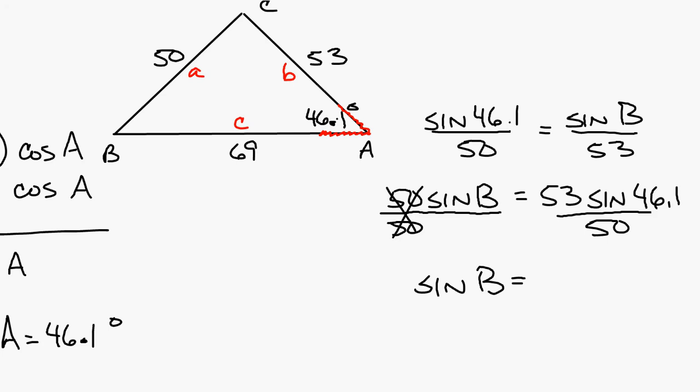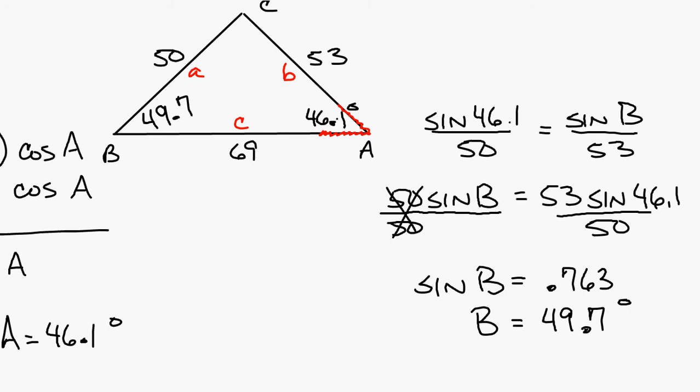And then you can push your second and sine button. That's 49.7. So B is equal to 49.7 degrees. So angle B is 49.7. And then you can find angle C by subtracting the two angles you know from 180.